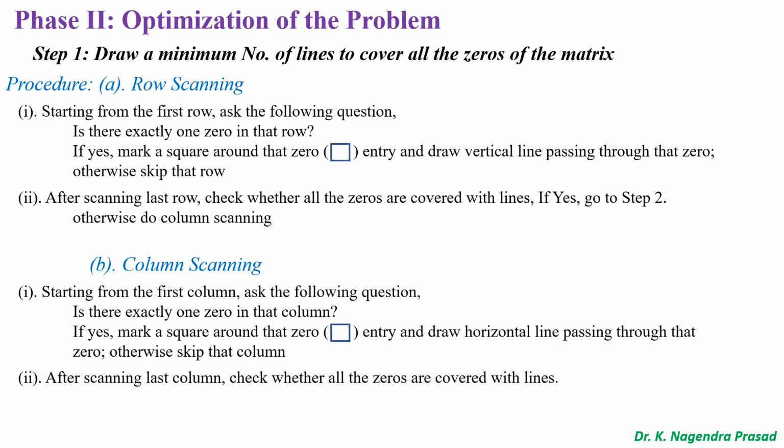If yes, mark a square around that 0 and draw a horizontal line passing through that 0, otherwise skip that column. And after the last column, we check whether all the zeros are covered with the lines or not.